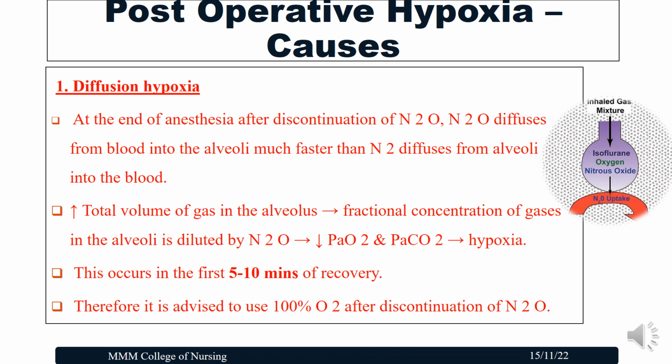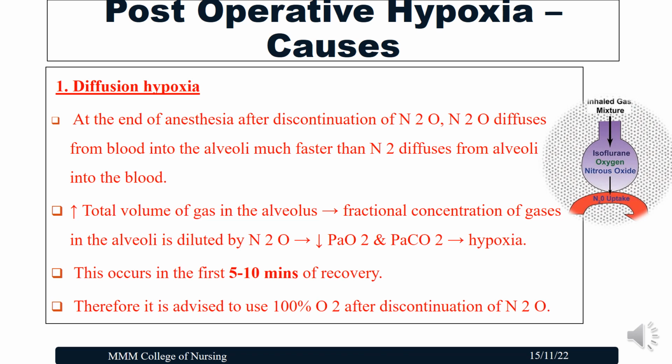So there is an increased total volume of gas in the alveoli. That leads to the fractional concentration of gases in the alveoli being diluted with the nitrous oxide, which leads to decreased partial pressure of oxygen and partial pressure of carbon dioxide, and that can lead to hypoxia.